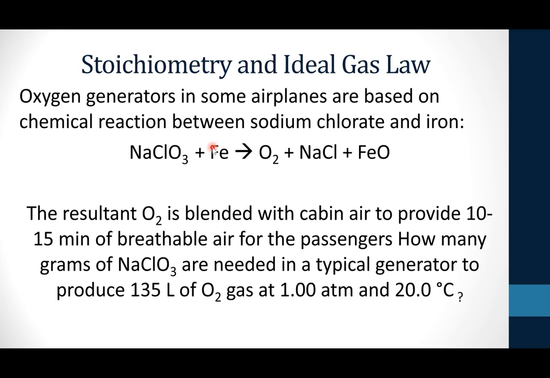Very, very interesting question that we would want to be able to answer. How many grams of the sodium chlorate are needed in a typical generator to produce 135 liters of O2 gas at 1 atm and 20 degrees Celsius?